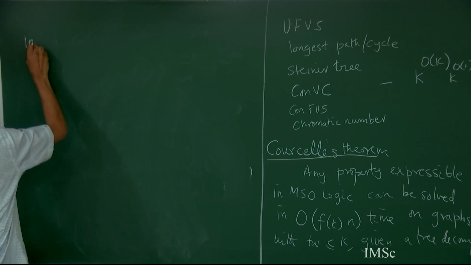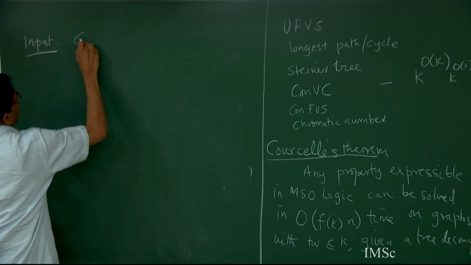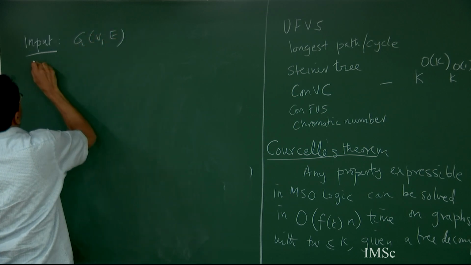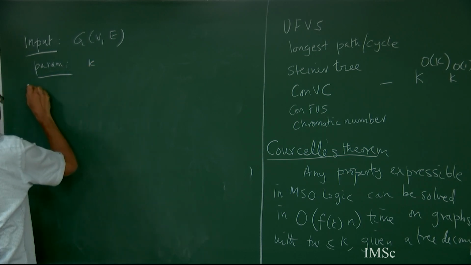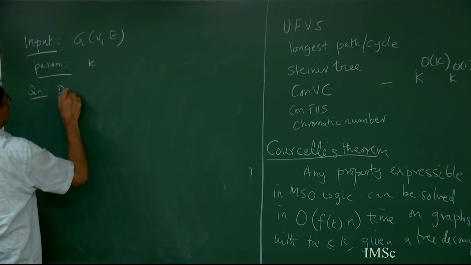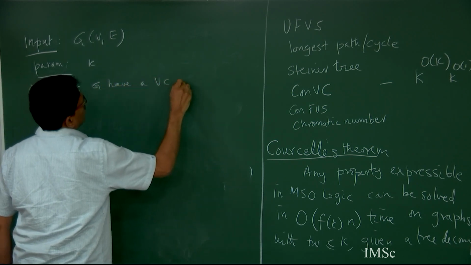So your input is G, and my parameter is k, and the question is, does G have a vertex cover of size at most k?